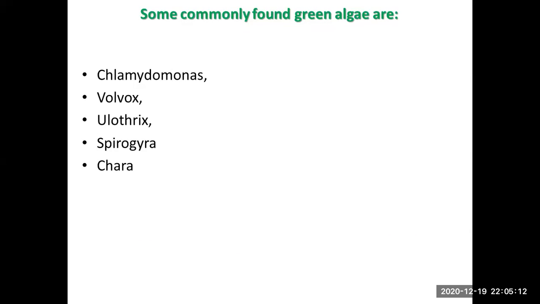Some commonly found green algae are Chlamydomonas. Chlamydomonas is unicellular. Volvox is colonial form. Ulothrix, Spirogyra, Chara.